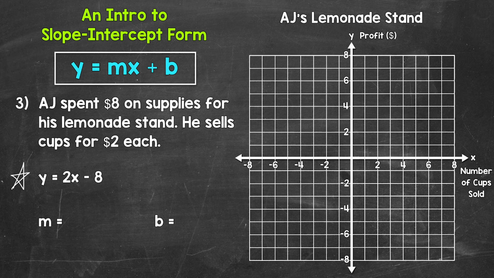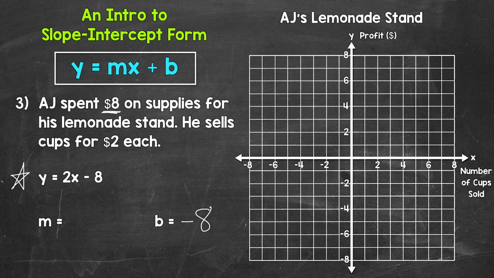So let's actually think about this equation, and we're going to start with the y-intercept, which is -8. And why do you think this is -8, even though there's a +8 in our original problem? Well, AJ spent $8.